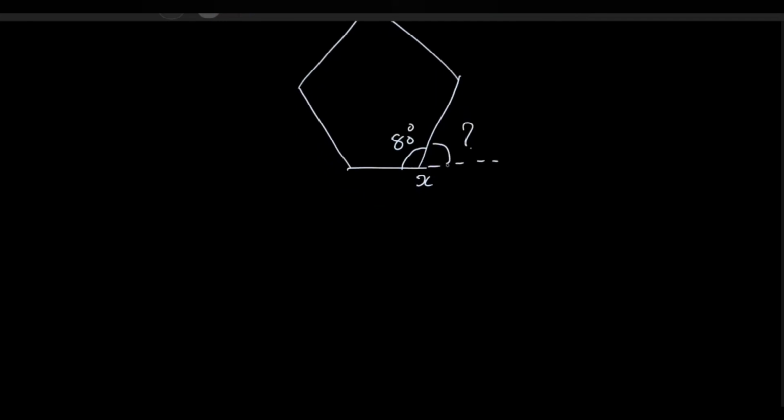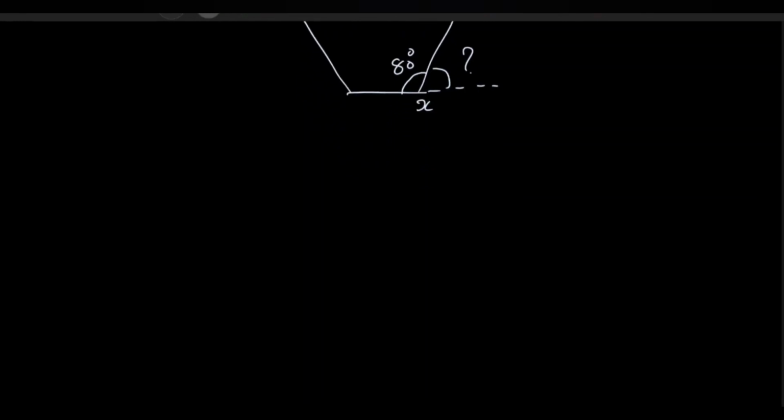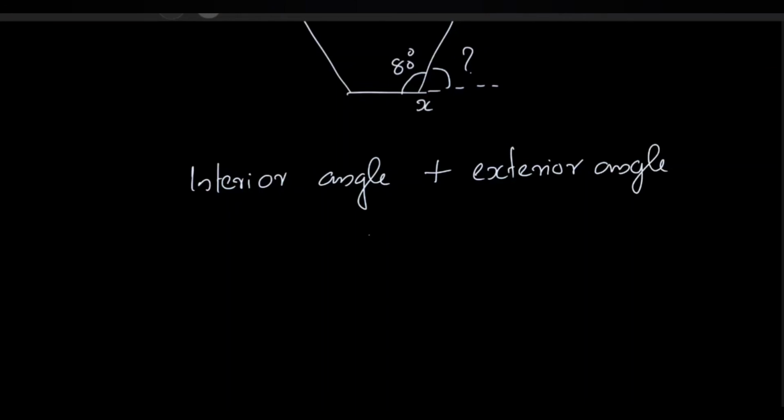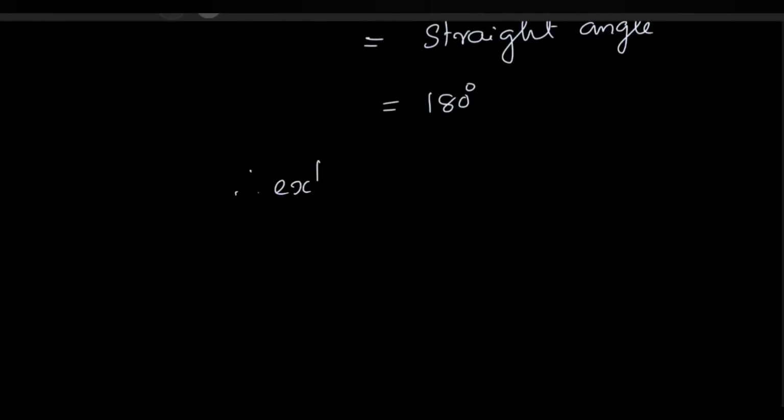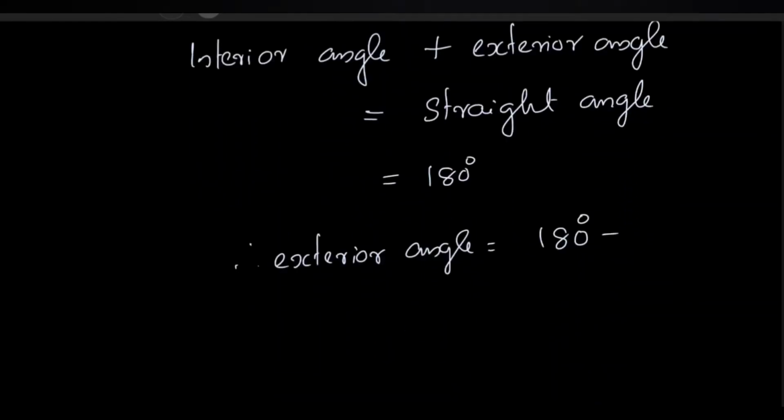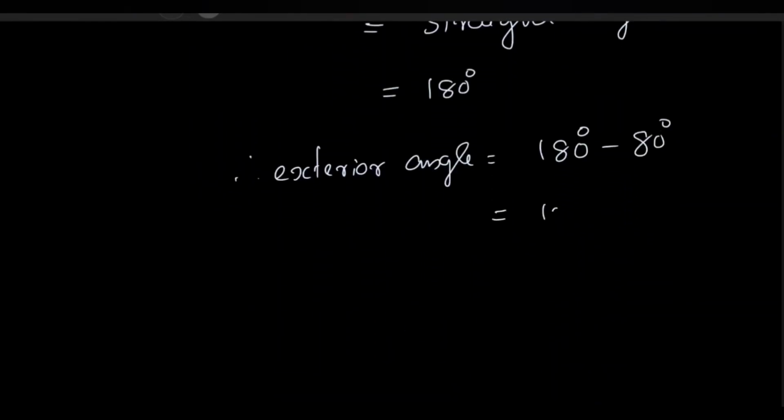The interior angle plus the corresponding exterior angle always forms a straight angle, which is equal to 180 degrees. So the exterior angle is 180 degrees minus the given 80 degrees, which equals 100 degrees.